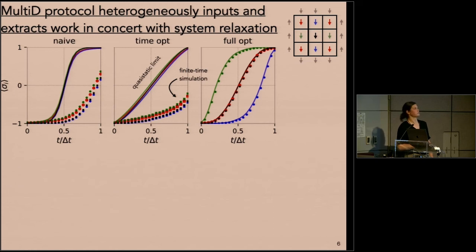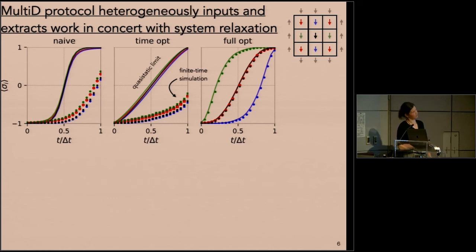So there's more than two sets of curves, but the solid curves here are basically when we're looking in the quasi-static limit. So if we were to do this infinitely slowly and the system was in equilibrium the whole time, this would be the mean state of the system. And then each of the colored curves correspond to the color on the diagram in the top right. And then these dots are when we do some non-equilibrium simulations at a finite duration.